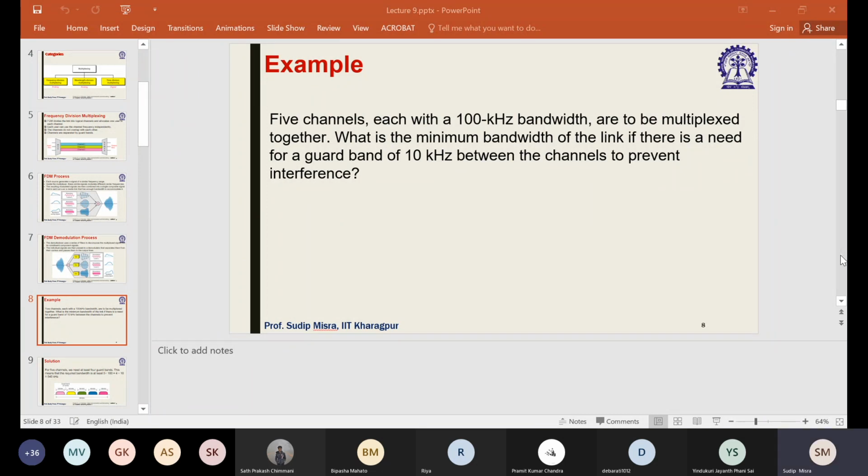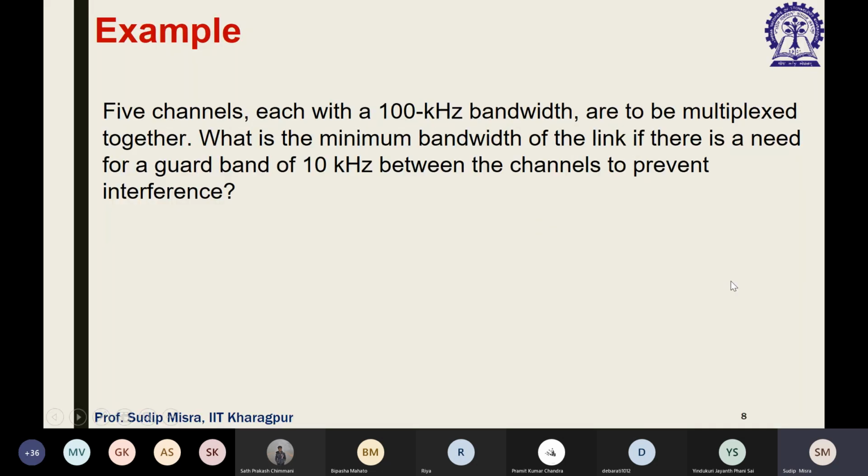Sai Vamshi. Sai, can you hear me? Okay, so I think we have to move ahead in the interest of time.